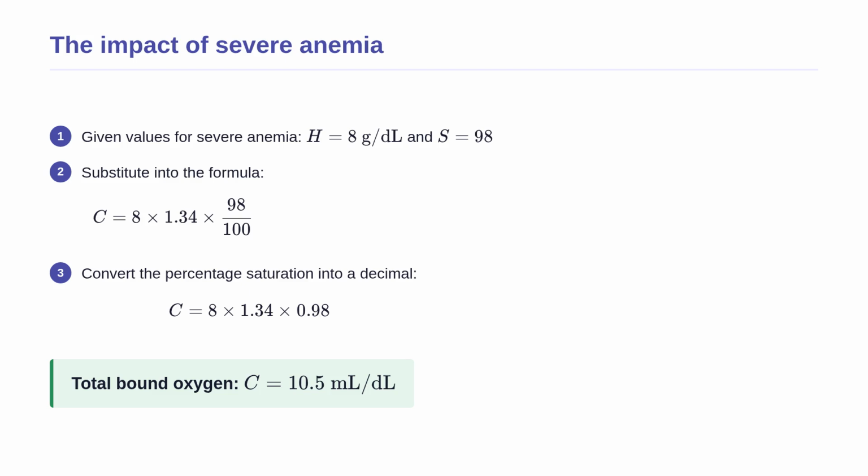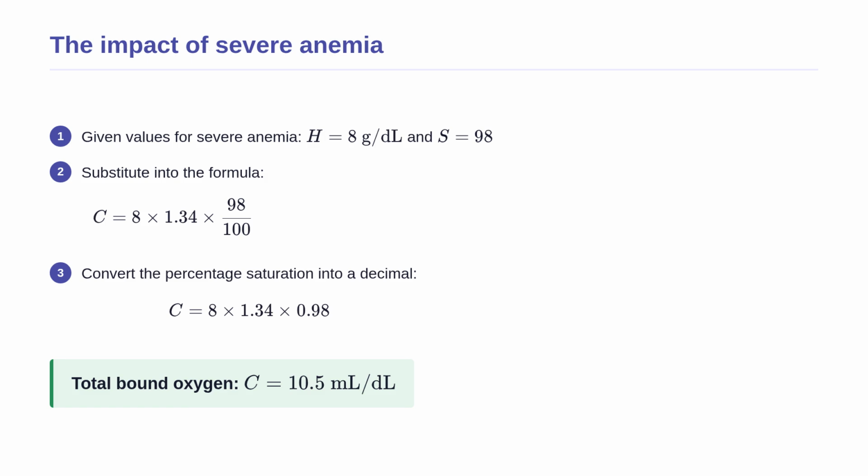Let us contrast that healthy example with a clinical scenario. A female patient arrives feeling extremely fatigued. Her blood test reveals a low hemoglobin concentration of only 8 grams per deciliter, though her saturation is still high at 98%. We use the exact same formula.